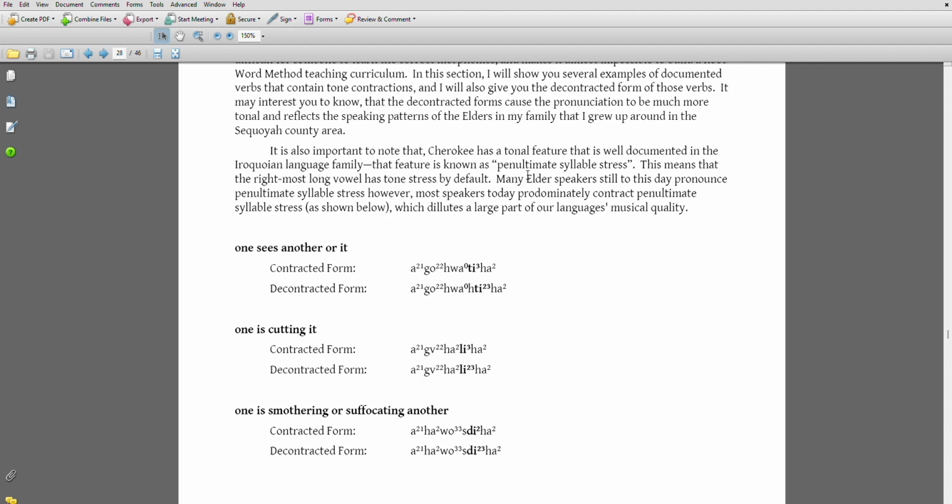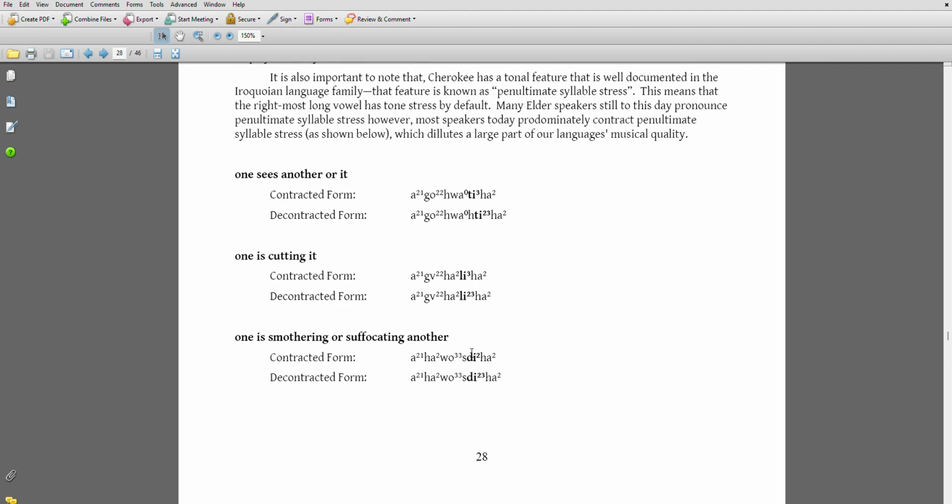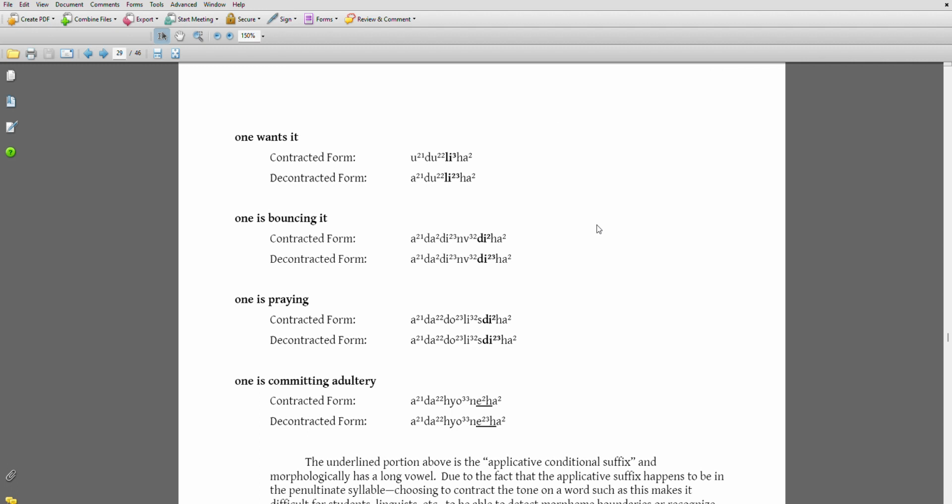Contracted form, ahawostihan. Decontracted form, ahawostihan. Ahawostihan. One wants it. Contracted form, udulihan. Decontracted form, udulihan. Udulihan.